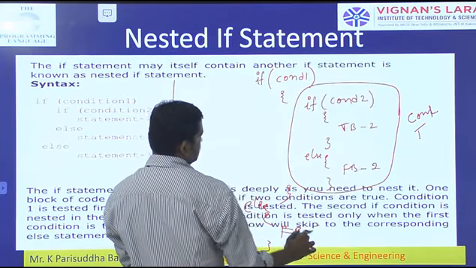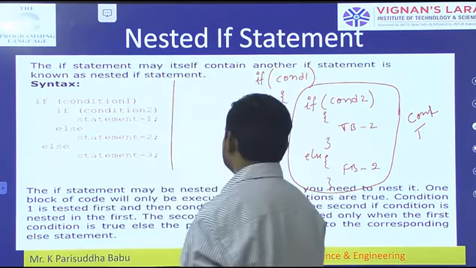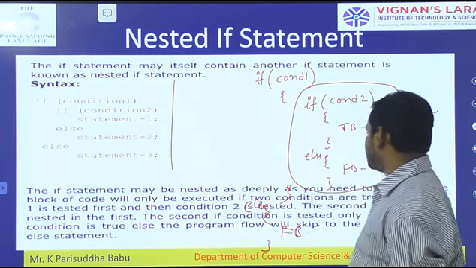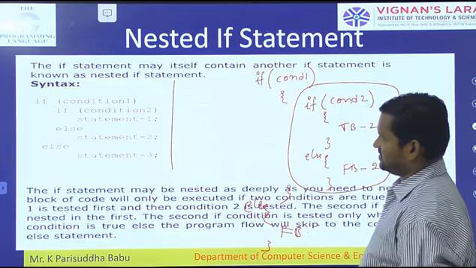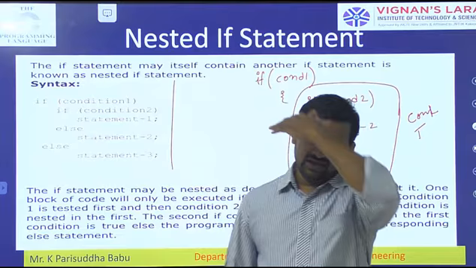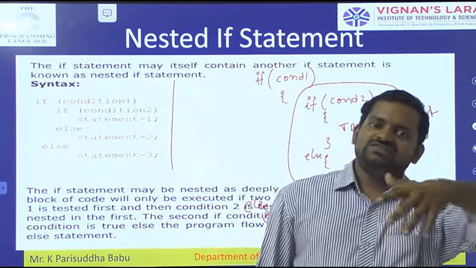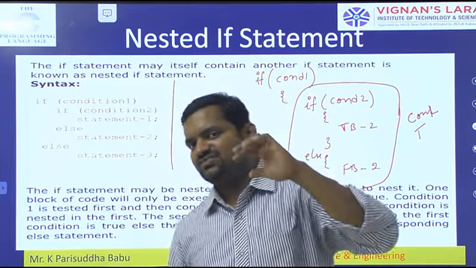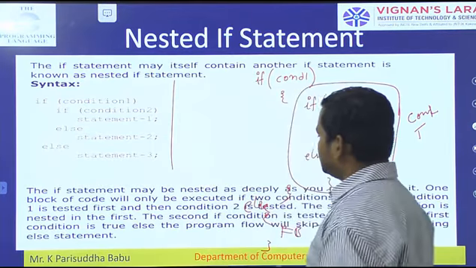Likewise you write statement 1, statement 2, each with its true and false blocks. A nested if is a statement that has another statement inside it. Nested loops are also possible.